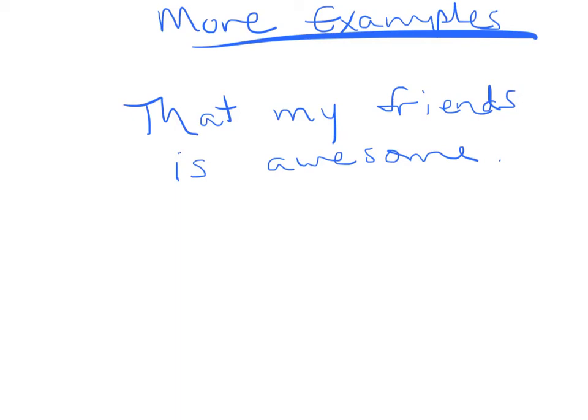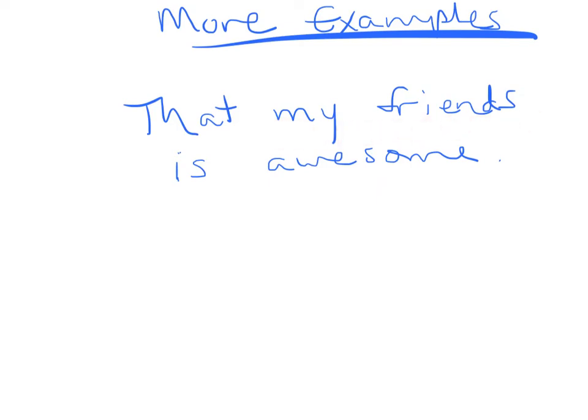Take a look at this one and try it on your own. Now let's take a look at it together. "That, my friends, is awesome." Our non-essential information is hiding right here.